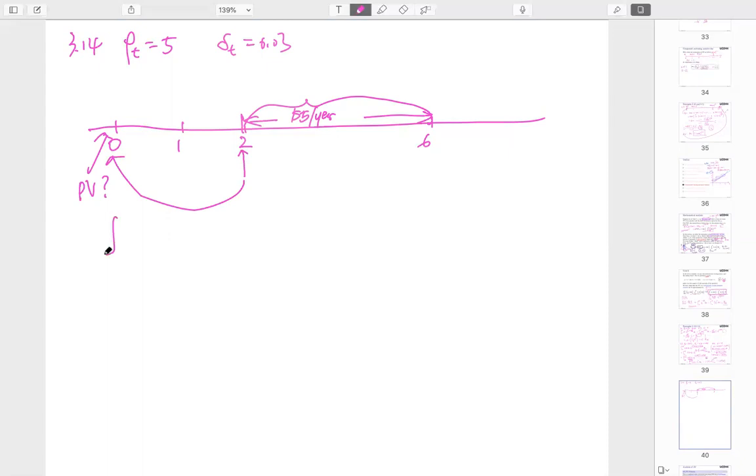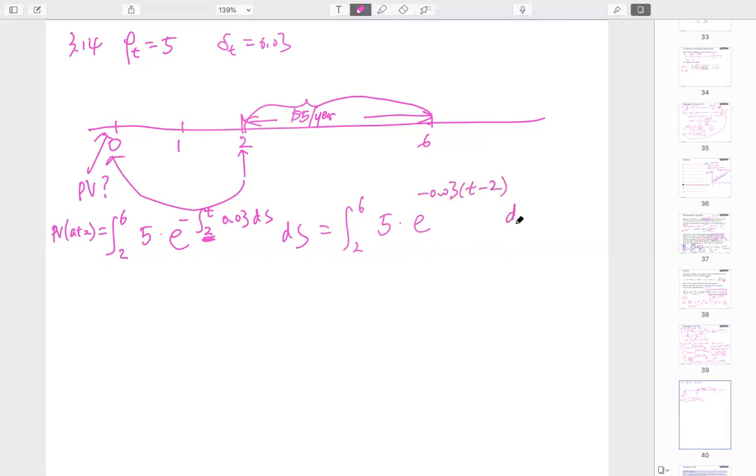In that case, it is from 2 to 6, starting point to the end point. Rho is a constant, e to negative, the starting point is 2, then integral of delta ds, dt. By the way, what I'm calculating is the PV at 2. So that's why, when I do the discounting, the starting point is 2, not 0. So here's integral from 2 to 6 of 5 e to negative 0.03 (t minus 2) dt.